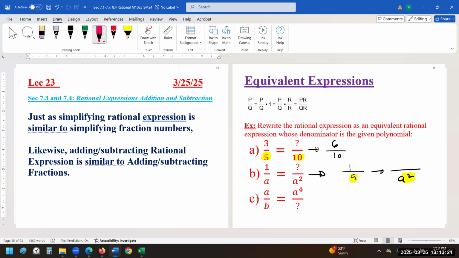So we need to multiply by another a. So we multiply top and bottom by the same thing. So what goes on the top then? A. So 1 over a is the same as a over a squared. They're equivalent.